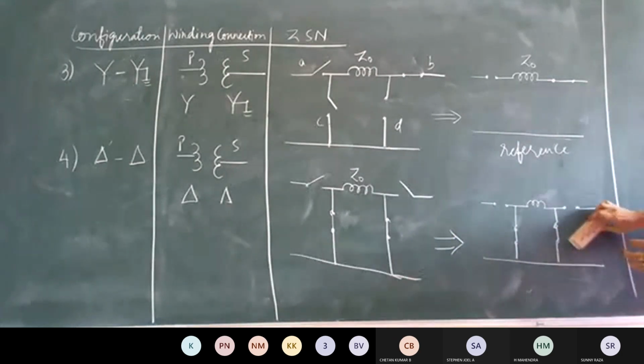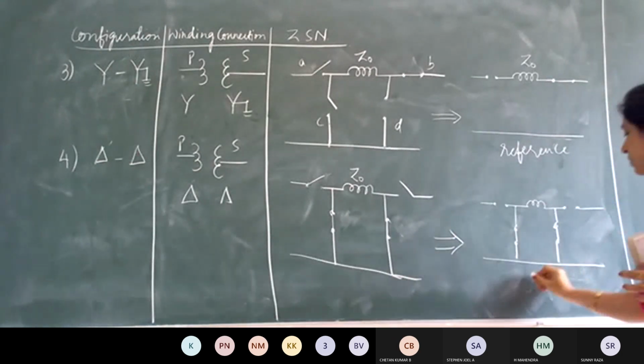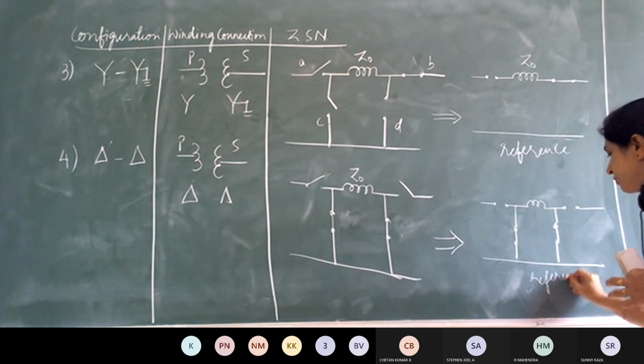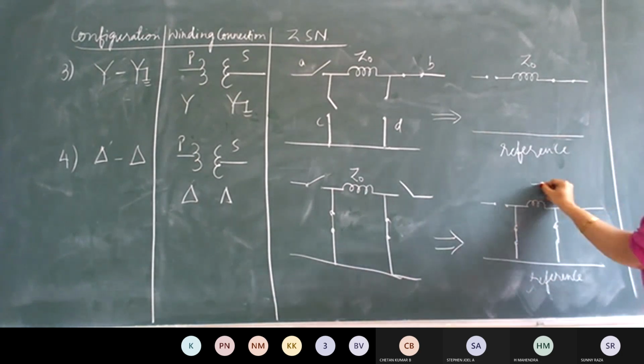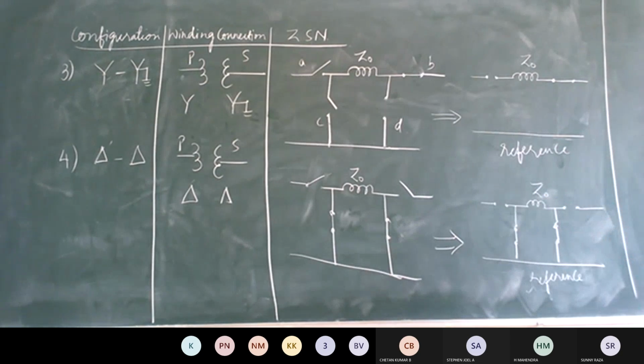So this is the resultant zero sequence network for the delta delta configuration. This is Z. If you have not written it, note that down.